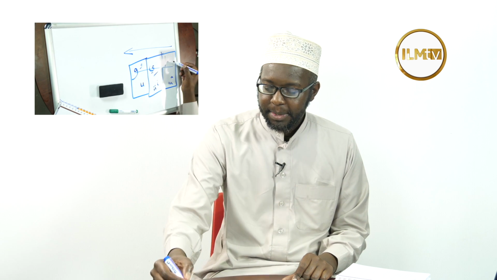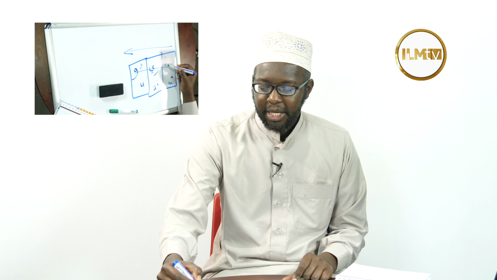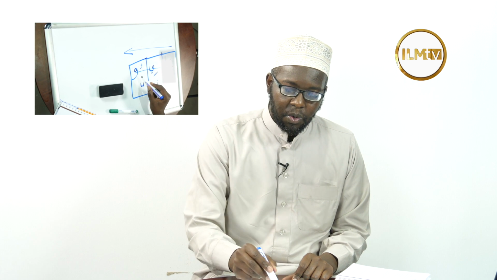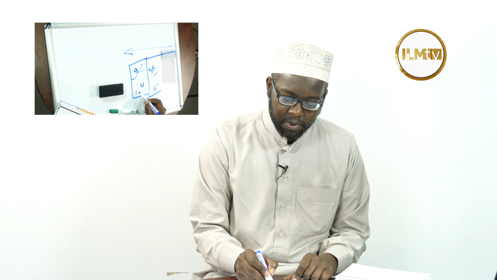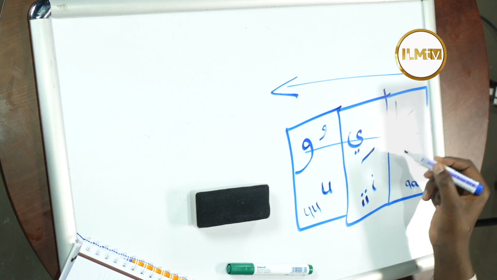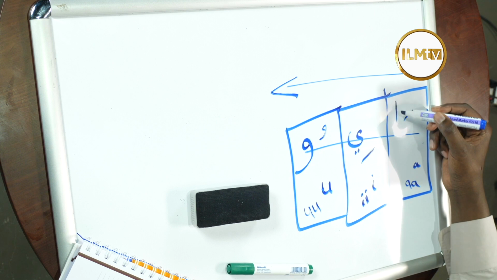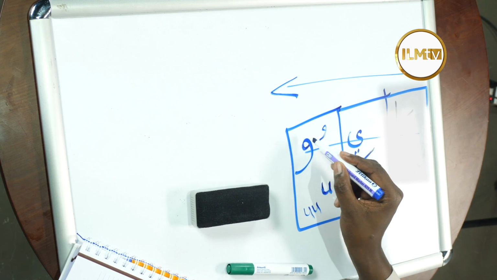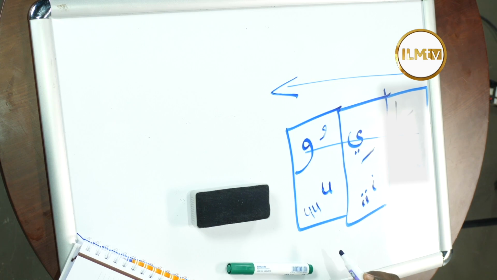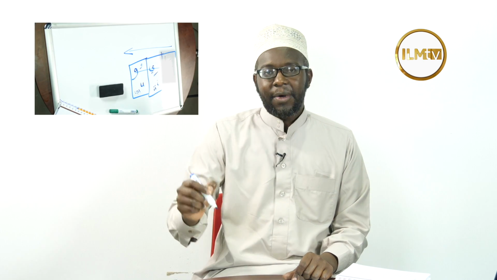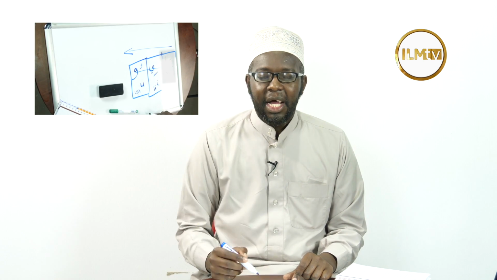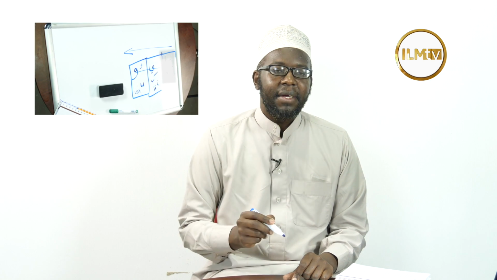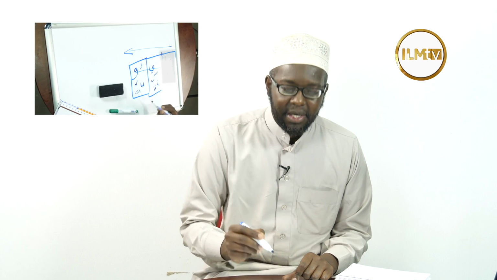So we have a, aa, i, ii, u, uu. So inshallah today in our lesson we are going to start with the a, then later on we shall add the i, then after that we shall do the u.